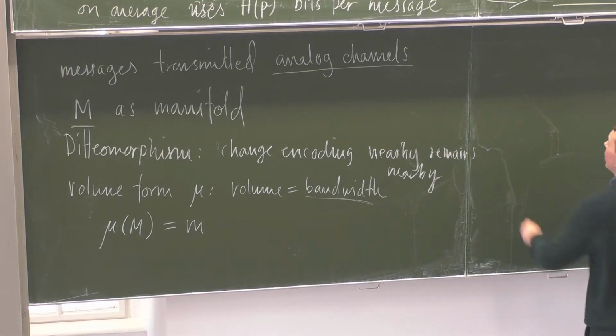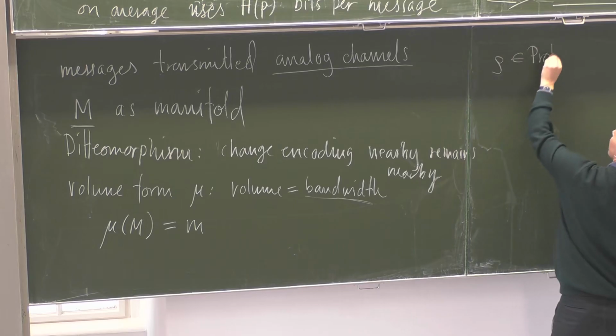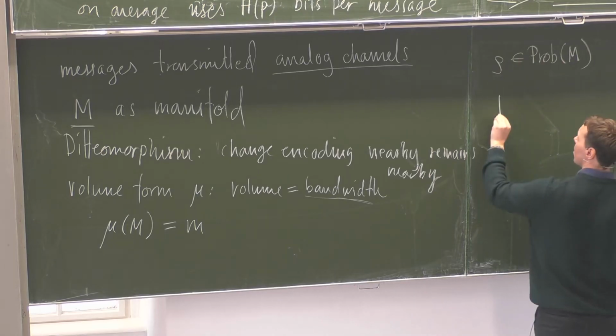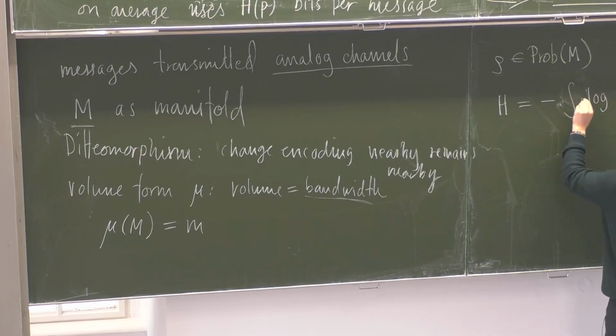So rho is some probability distribution, let's say smooth, on the manifold. And then my entropy would correspond to minus the integral over the manifold of rho log rho, integrated with respect to mu.